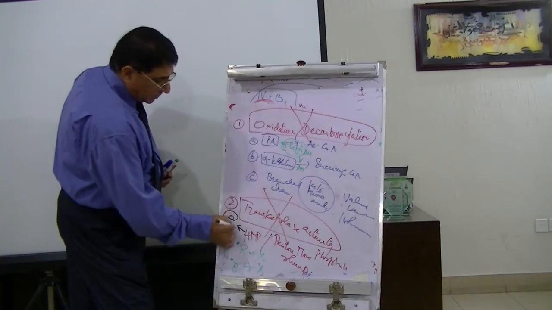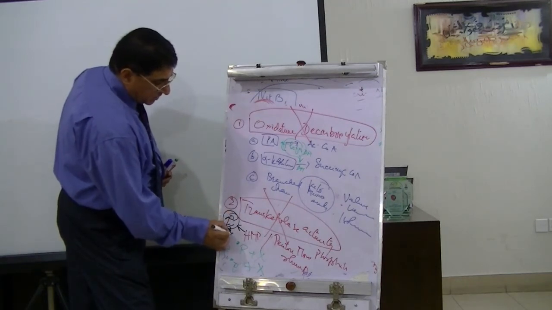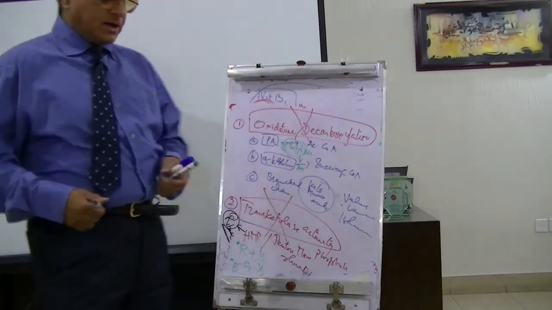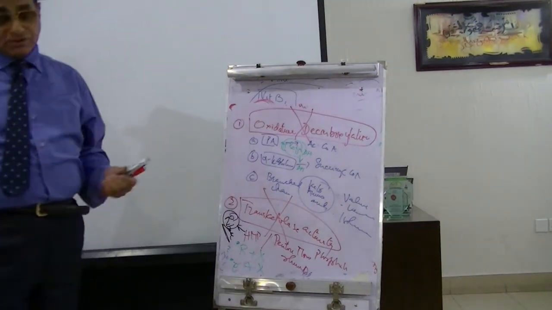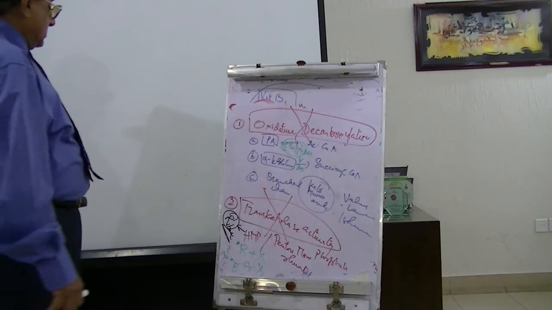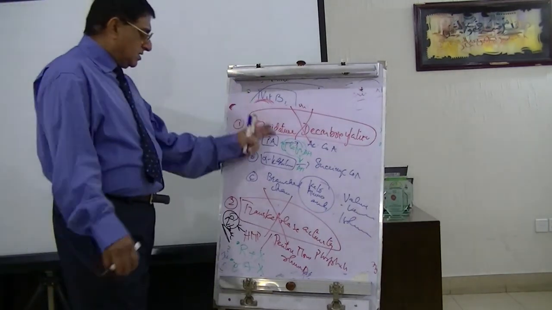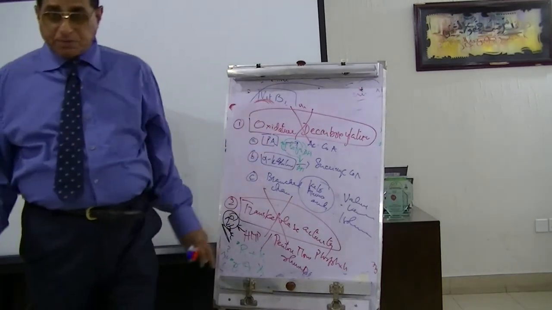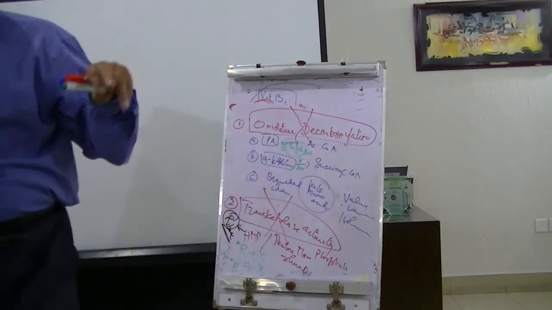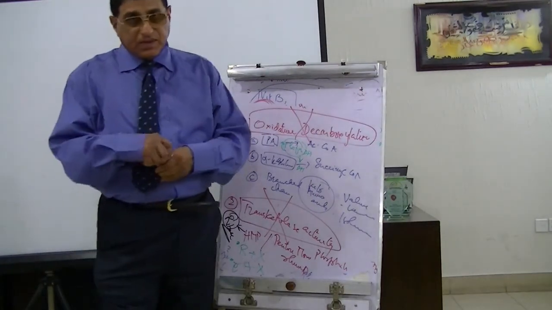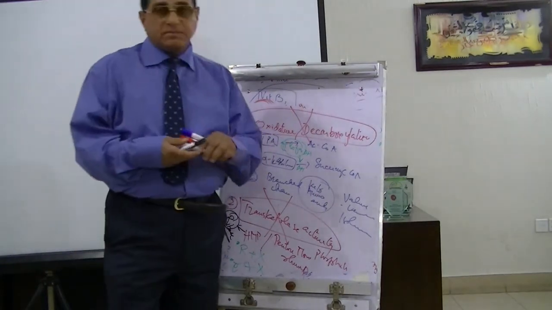Ribose is a component of your RNA and DNA, because ribose is converted to deoxyribose in DNA. If this is not there, the whole thing will be stopped. And beriberi, I cannot work. Extreme weakness. So this was about B1.